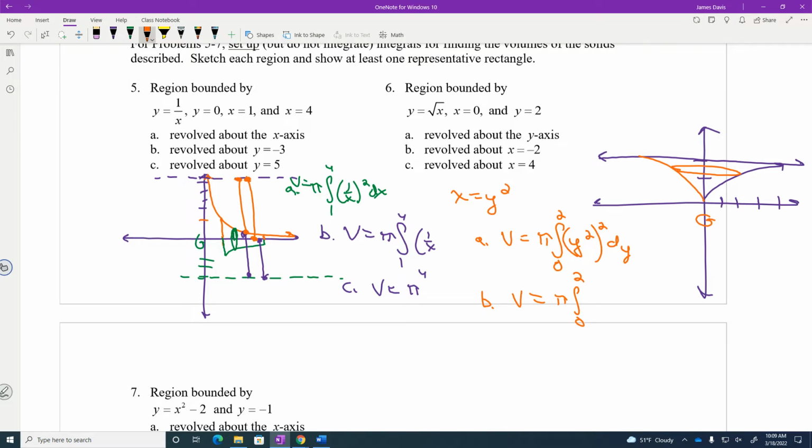And then if we're going to do it around x equals negative 2, here. So how are we going to write the outer radius?